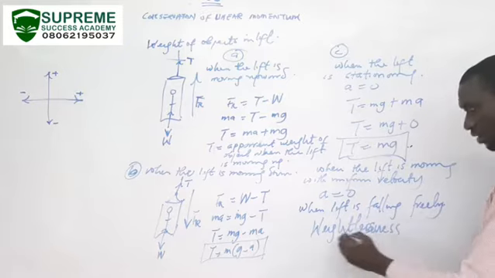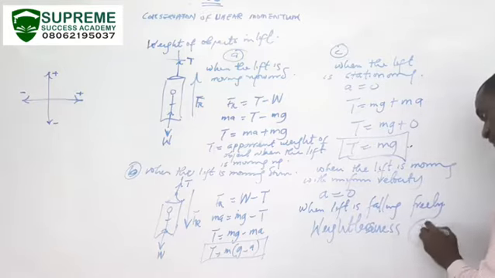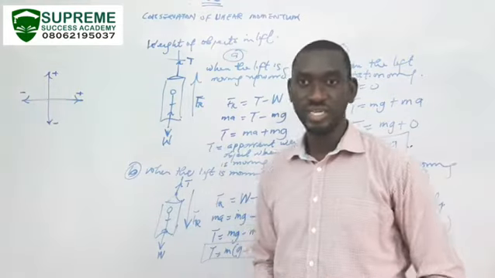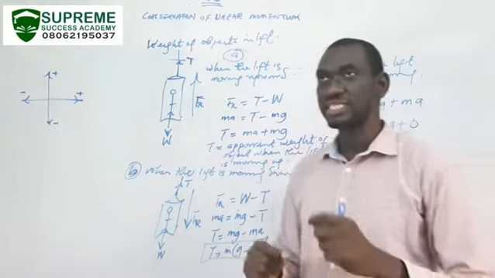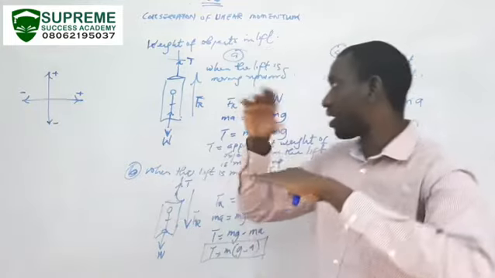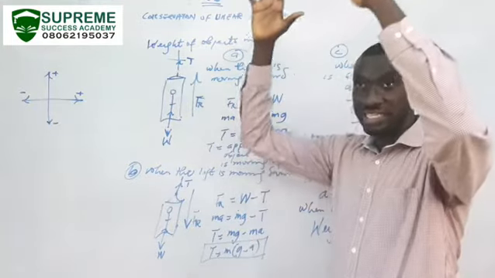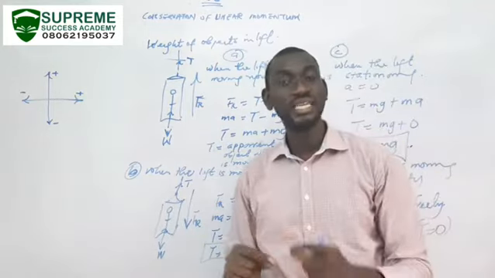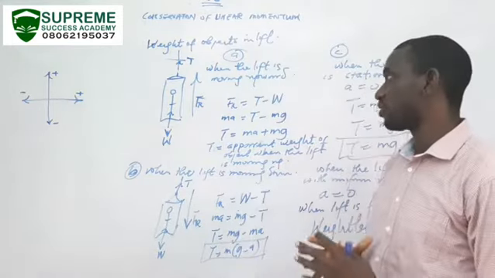Weightlessness. What does that mean? It means the weight of the object in the lift is going to be zero. That is when the cable breaks and it is falling freely. The object inside the lift is going to be weightless.